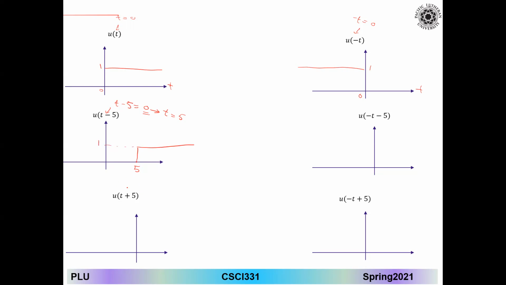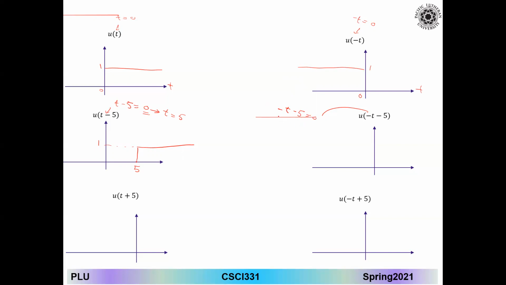Now let's see the third one, -u(t-5)... similar situation. You find the step point: t minus 5 equals 0.